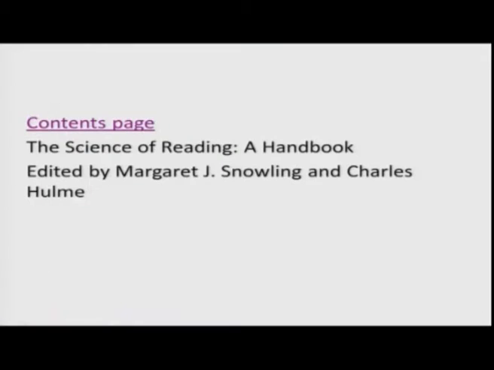Now, let us look at an example. This is a page taken from the book The Science of Reading, a handbook edited by Margaret J. Snowling and Charles Hulme. We will look at the contents page of this book. So, this is how usually a contents page looks like.